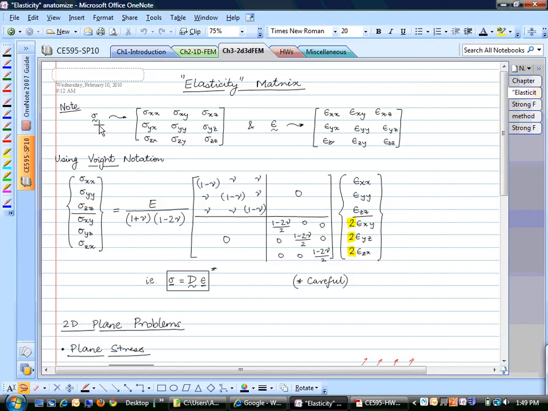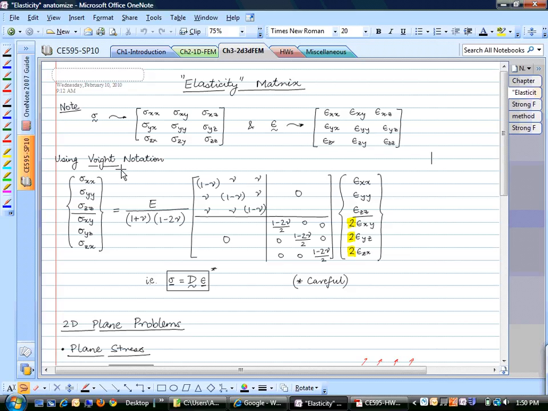So we know that our stress is a tensor that we can represent with 9 components like this. And similarly, strain is a tensor that we represent with 9 components like this. But this sort of notation is not really easy to implement on a computer. So what people did was they came up with a different notation for the stress and the strain.